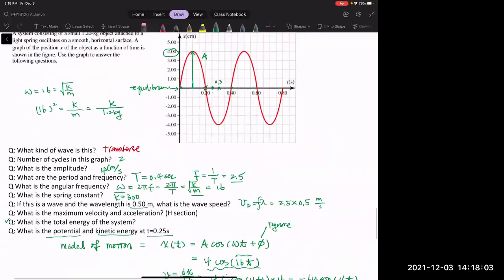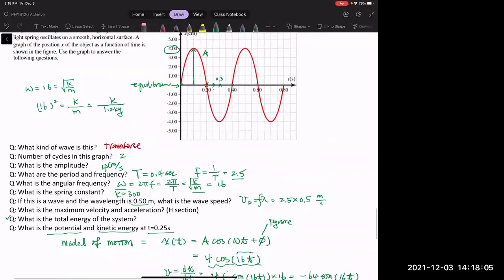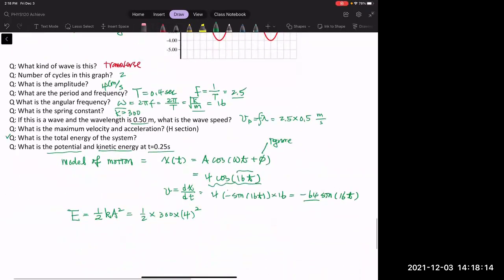And this graph gives me x, right? But when you read from the graph, it's not very precise. If you really want to get the value, you actually need to use this equation. So let's see how we get x from this equation. That means I need to find x when t is equal to 0.25 seconds.